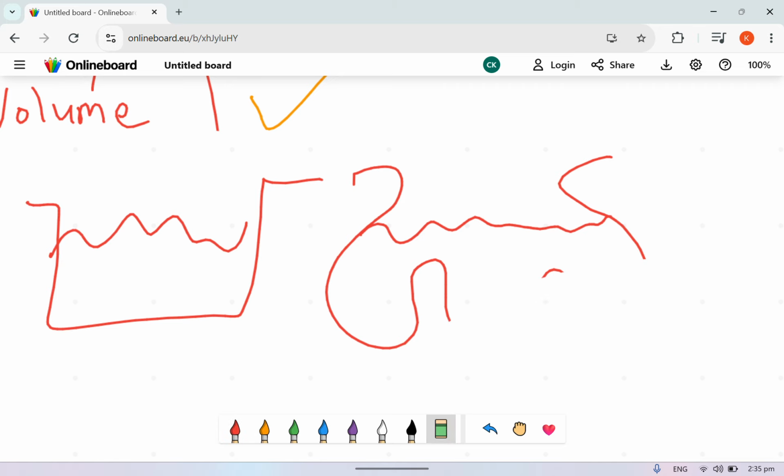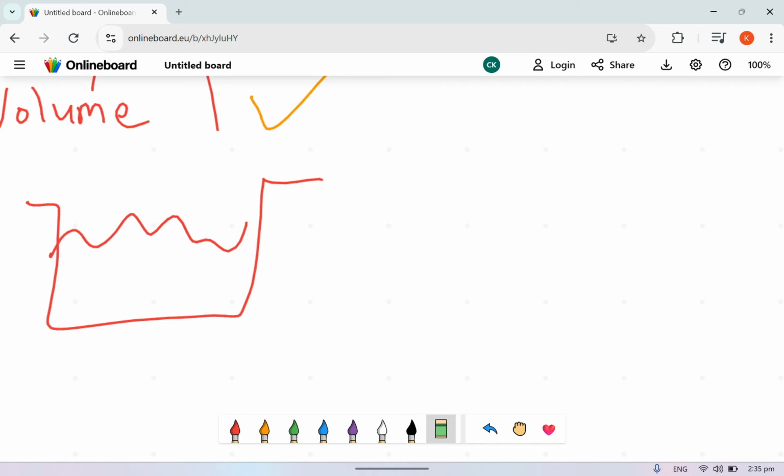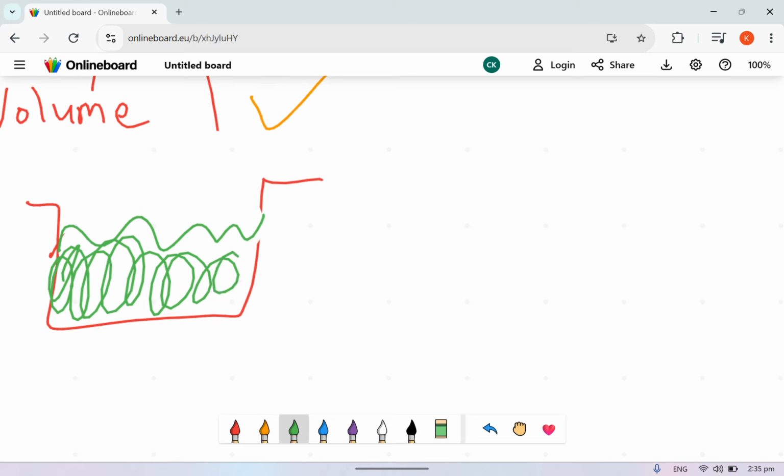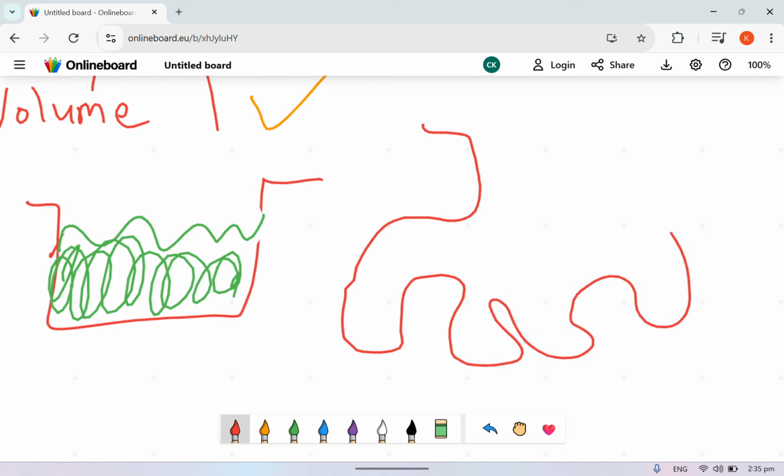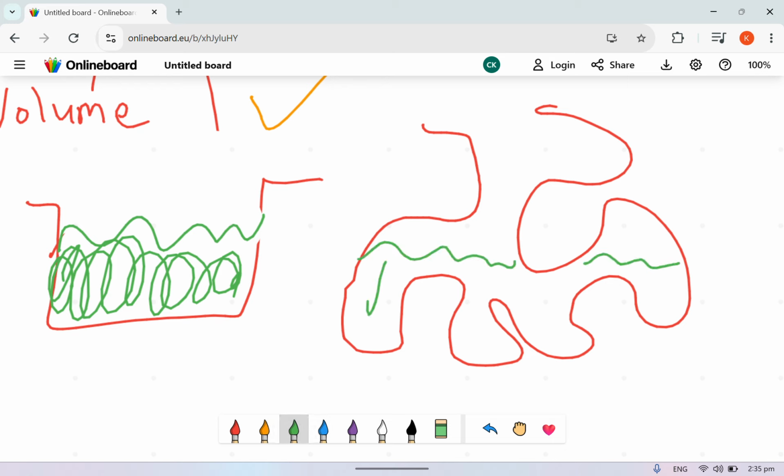I need the jar to be a bit more weirdly shaped. If I have this, right? And, okay, this is my jar of milk. Delicious, delicious milk. I'm gonna put it in this weird jar. My milk probably will be like this, right?